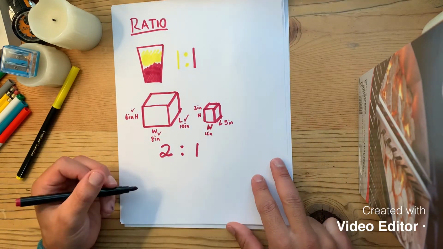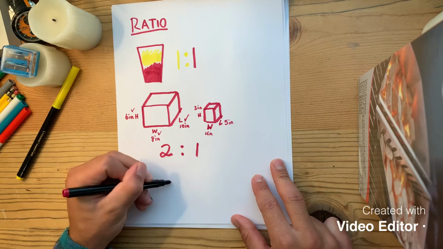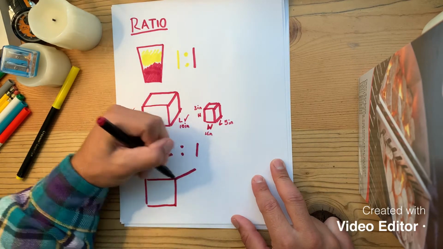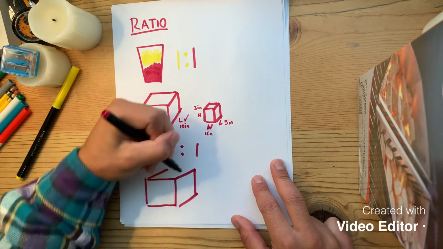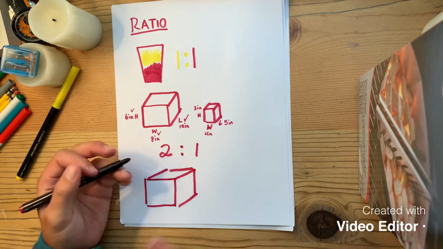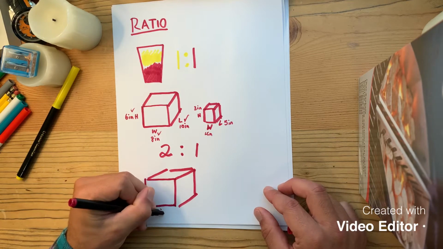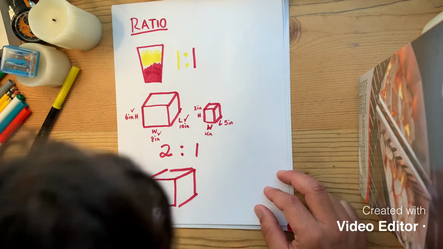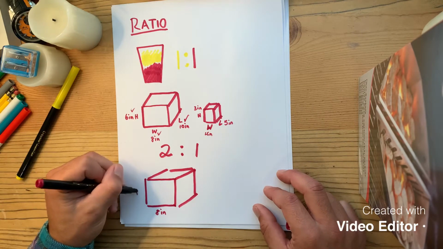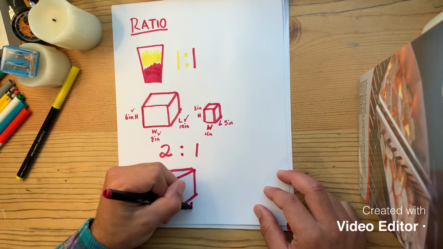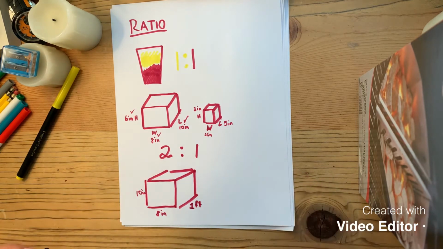Now, it's important when we are reading our measurements to look for anything that seems out of place. If we have a side that is 8 inches, a height that is 10 inches, and a length that is 1 foot, it's important that we first convert our feet to inches.